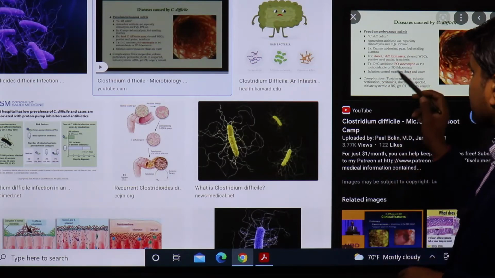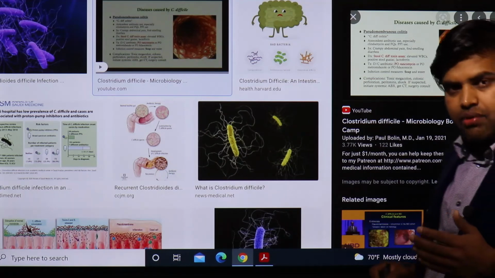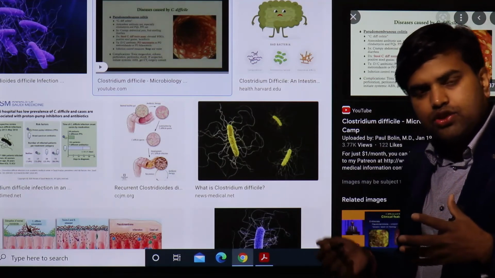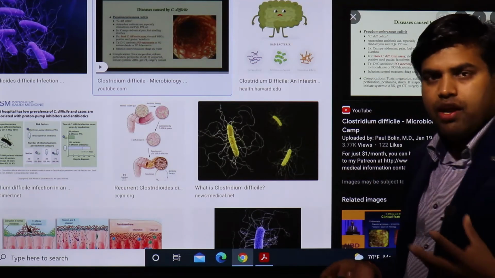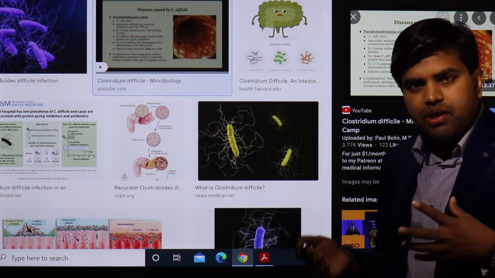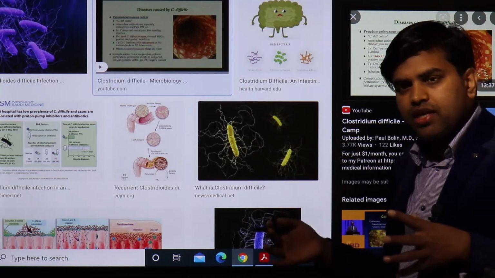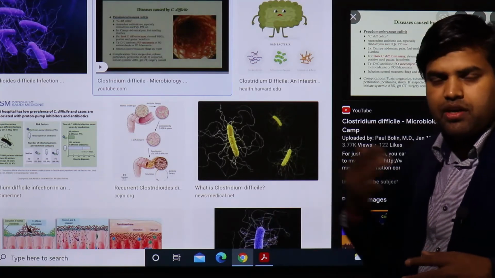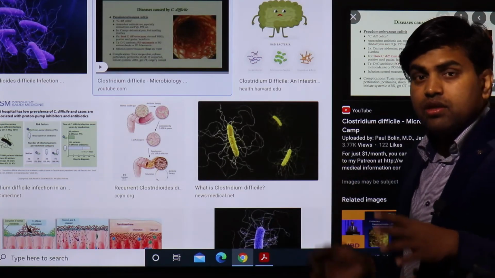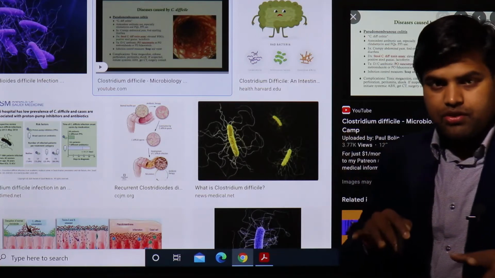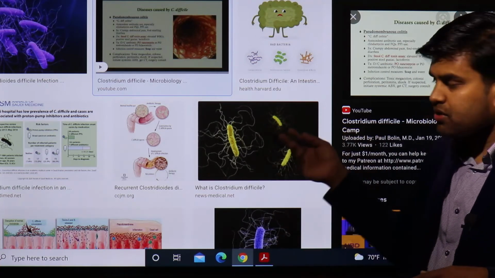So the measure is toxin. The treatment will be antibiotics. Again, it is a disease that develops after antibiotics, because antibiotics have killed the normal flora, helping Clostridium difficile proliferate, colonize your colon, and cause the pseudomembrane and diarrhea. But those antibiotics are not the treatment, they are the cause, which we have discussed previously.